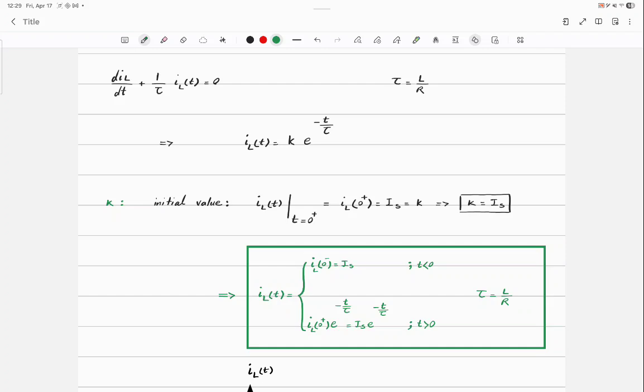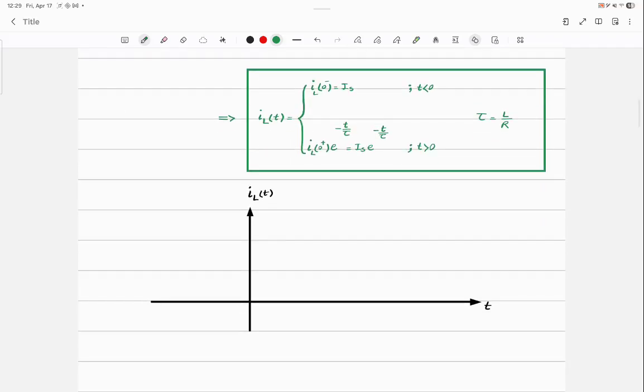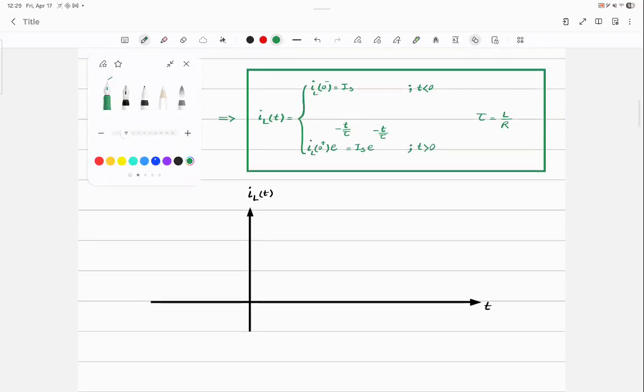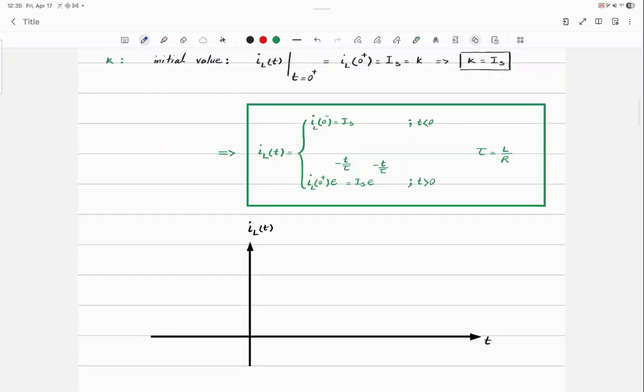Okay, I'm done with the example. I found the current IL for all time, for negative time and for positive time. Now let's plot this. So what is the value of the current at 0? IS.